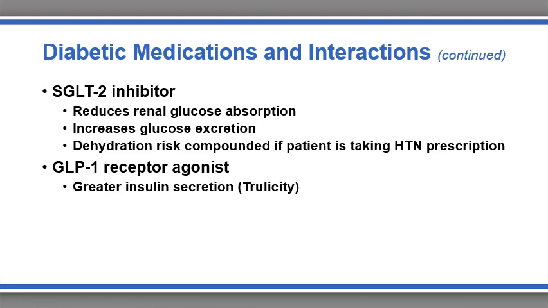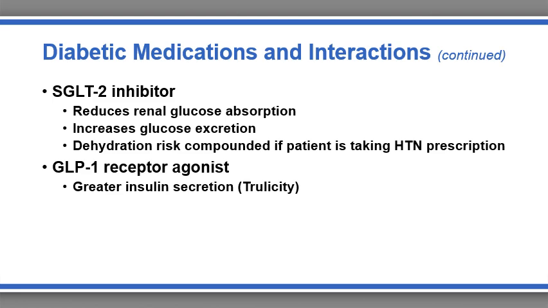They enhance that glucose-dependent insulin secretion. They also slow gastric emptying, and they end up reducing postprandial glucagon and food intake. These get administered subcutaneously. They don't usually cause hypoglycemia in the absence of other medications that do that.